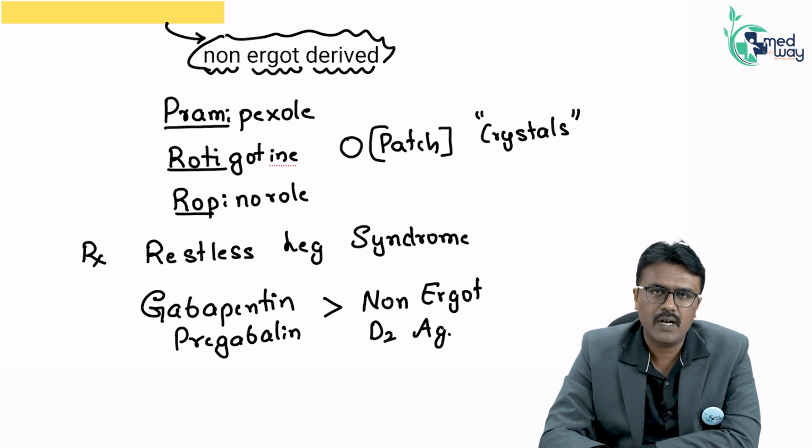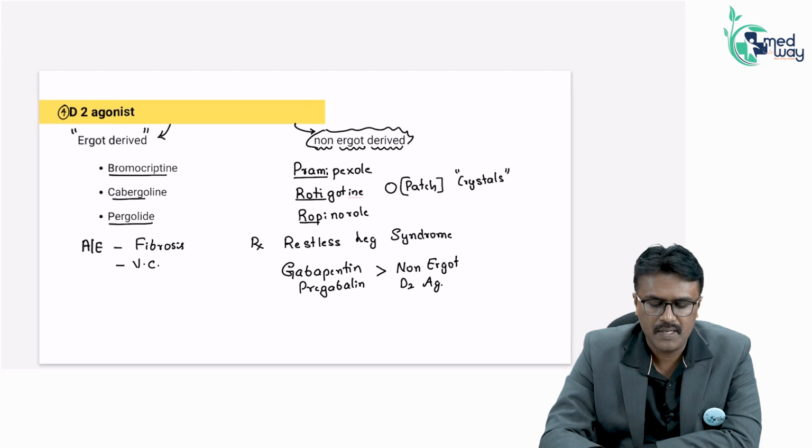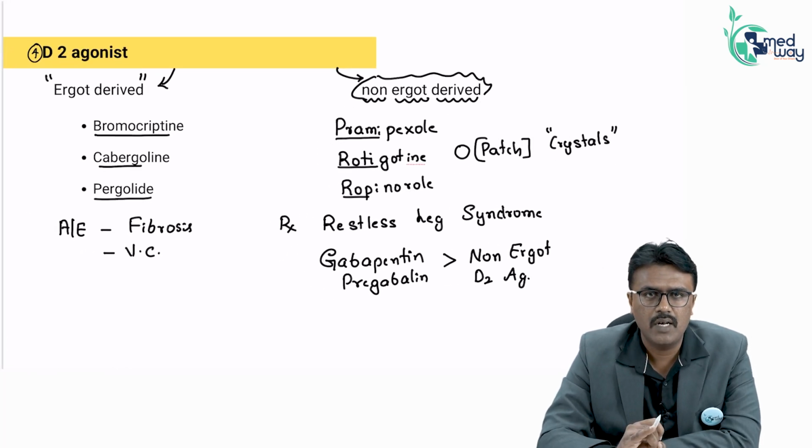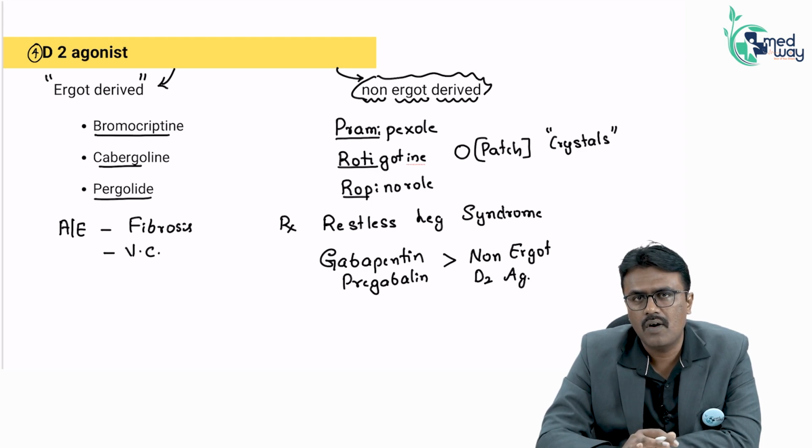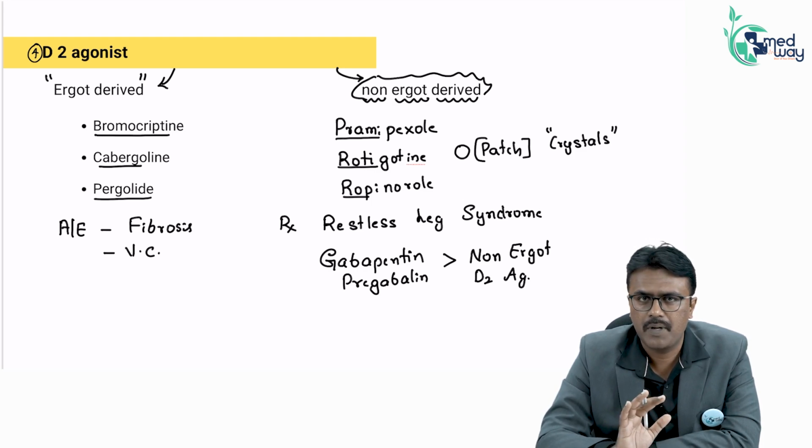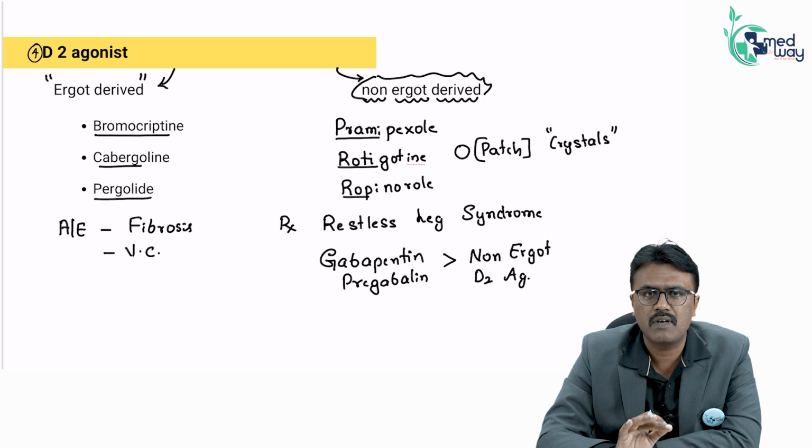So until now what I told you, they are all to increase the dopamine activity. Let us revise again. Number 1, levodopa. MAO-B inhibitors end with gilin. COMT inhibitors end with capone. And D2 agonists, ergot, non-ergot. Non-ergot, Prami, Roti, Ropi. And what is the drug of choice for restless leg syndrome nowadays? Gabapentin.